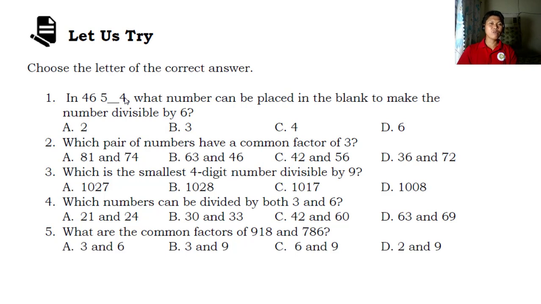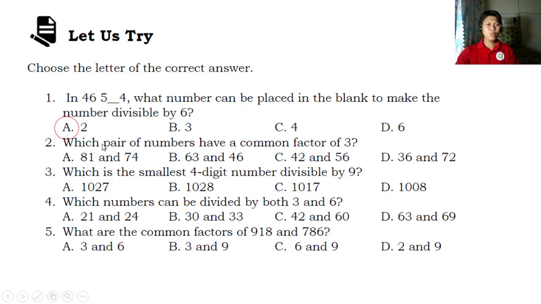Dapat maging 21, 24, or 27, or 30. So, 19, 20, 21. Pwede ang A. 19, 20, 21, 22, 23, 24. Pwede rin ang 5. Kaya lang, walang 5 dito. So, etong 2 ang answer.